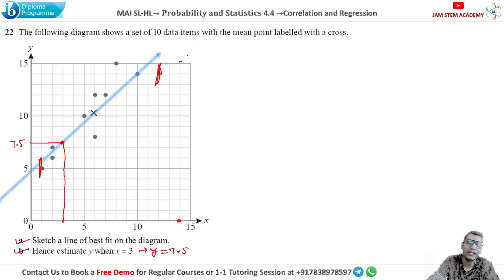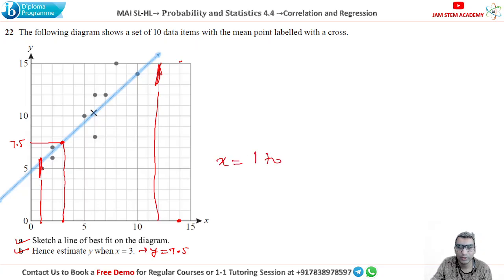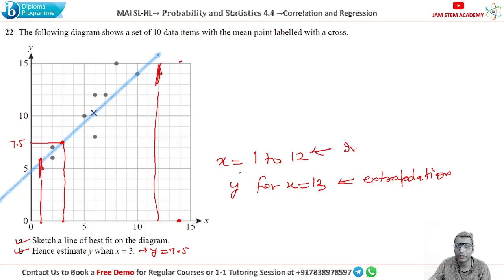We may not get a good estimation for the extrapolated value, because our data set starts from x equals 1 and ends at x equals 12. So x is from 1 to 12. Finding y for x equal to 13, 14 or more are extrapolated values. If you take a value within this range, it is called interpolation.